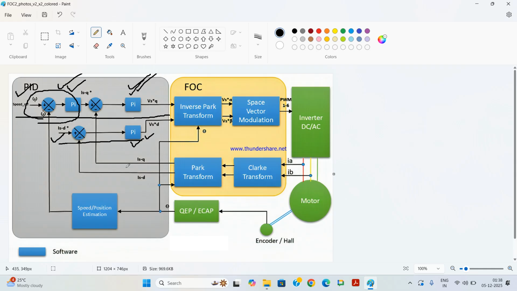Then with the help of the system identification tool in Simulink or MATLAB, you can predict the transfer function and then easily tune the system. This is a very brief idea about the tuning of an induction motor when it is operating in field oriented control mode or vector control mode.